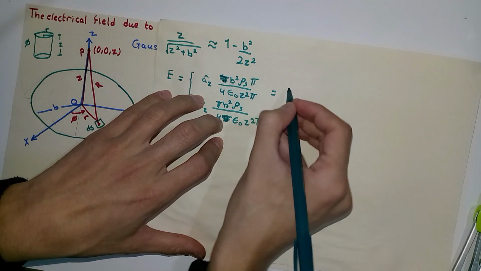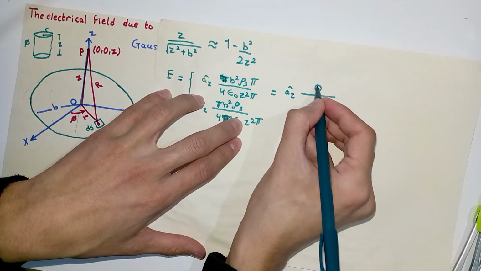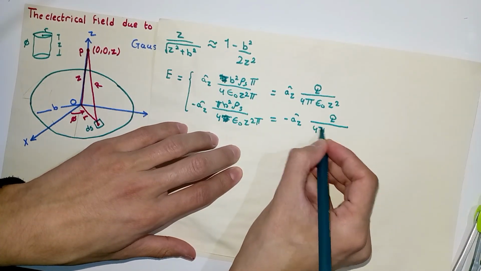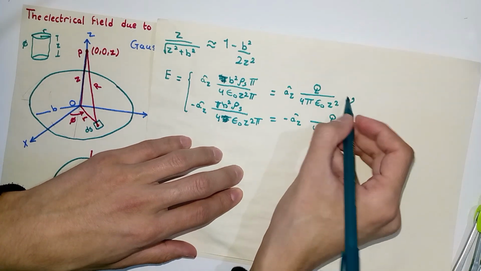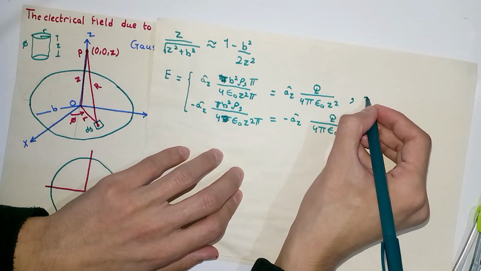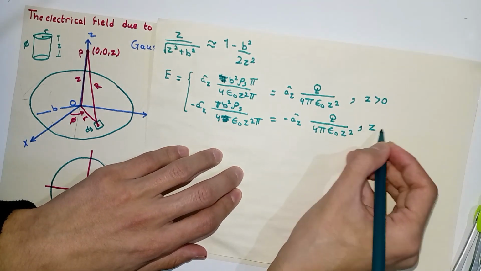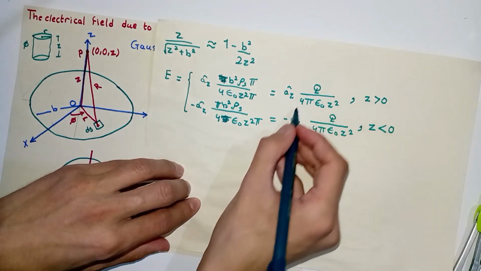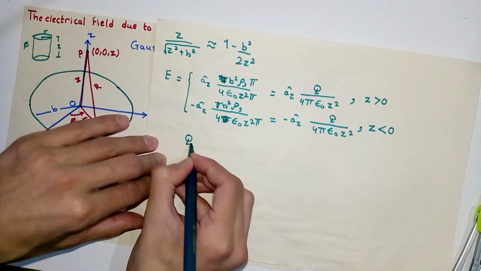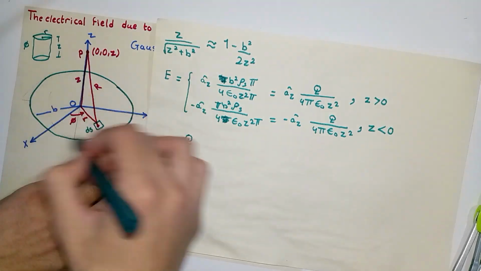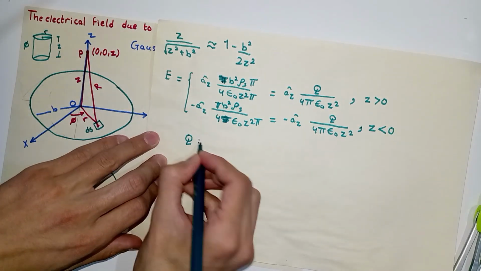So the final answer is going to be this, and the upper formula is for z greater than 0, and the lower one is for z less than 0. And as I said, q is the total charge on this disk.